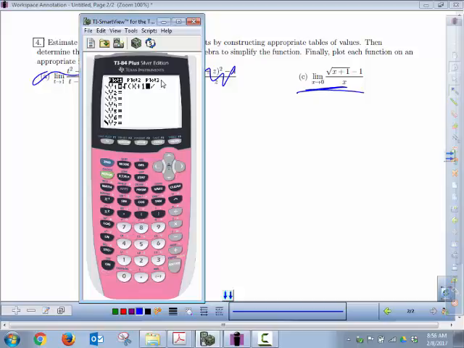Oh, I need parentheses. So x plus 1 under square root minus 1, divide, oops, close parentheses, boy, divide by x.